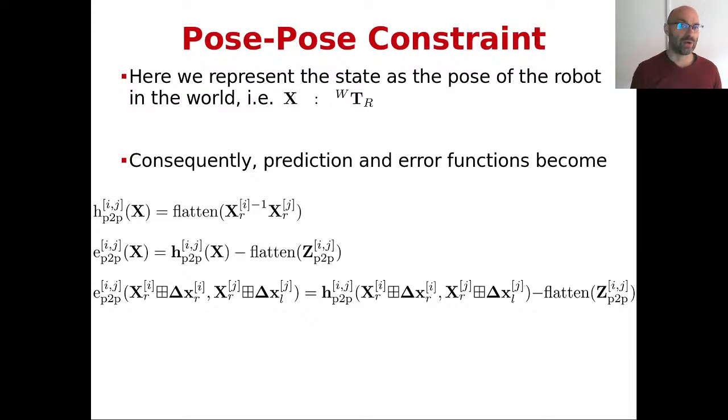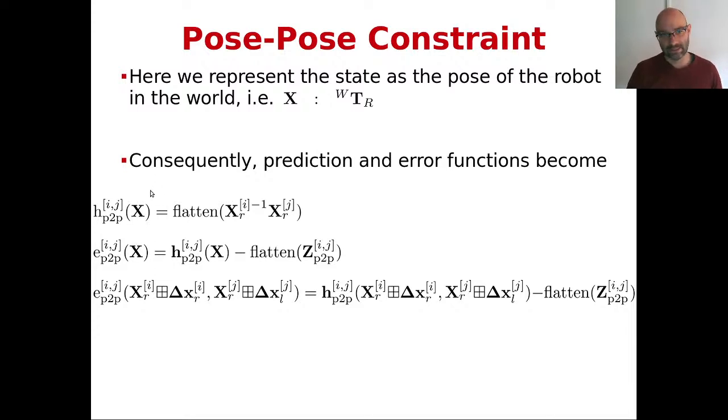The last constraint that we will consider is the pose constraint, which we talked about extensively in the previous lesson, and we will see here in action. Here we summarized our findings on the pose constraint, and this gives us a 12-dimensional error vector, because we are using the chordal distance.